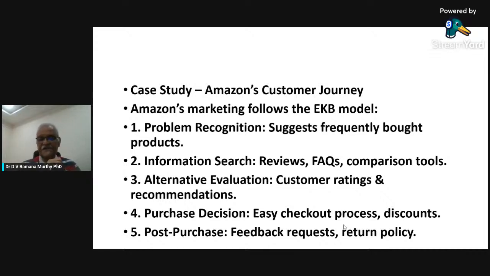So purchase decision is easy checkout. You can just click there, and they ask you to pay with Amazon Pay or other UPI systems, and they will also announce discounts. If you want to be a Prime member, they collect some subscription. If you're not a Prime member, they will tell you on which date the product will be delivered.